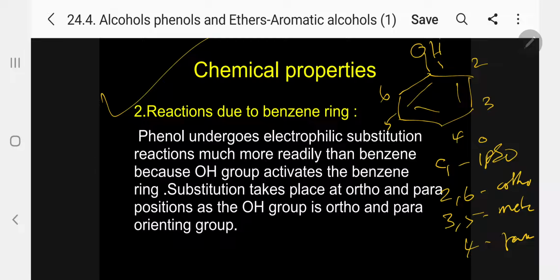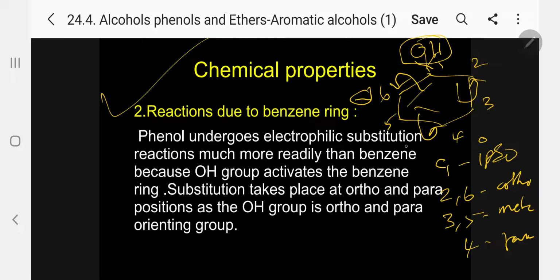You know already this OH group is an electron releasing group, which is pushing electrons towards the ring. So when it pushes electrons towards the ring, the electron shift will be like this. Kindly follow.